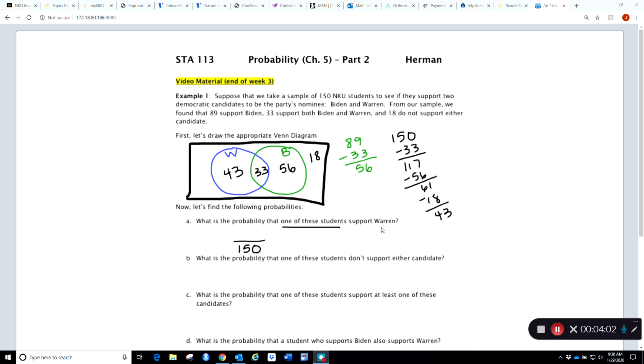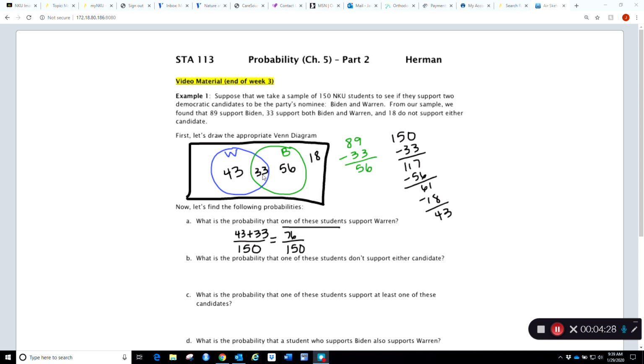Well, how many of them support Warren? This is where, again, we need to be careful. Warren is the entire blue circle. So I need that 43 and the 33 piece. So that will then give me 76 out of 150 of them will support Warren.